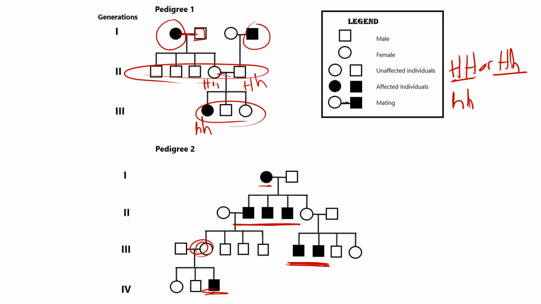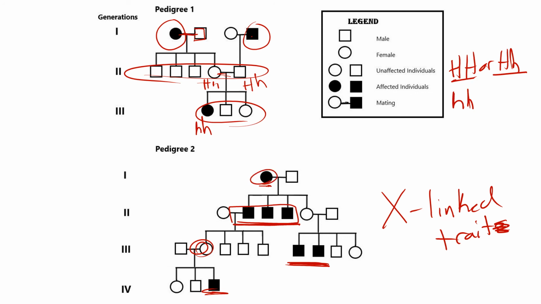So what this tells us is that this was an X-linked trait. Because remember, you only get the X chromosome from your mom if you're male. So all of these males would have got the X chromosome from their mom, which means it had the trait on there. But the daughter, she had 2 X chromosomes, so she got one normal chromosome from her father.